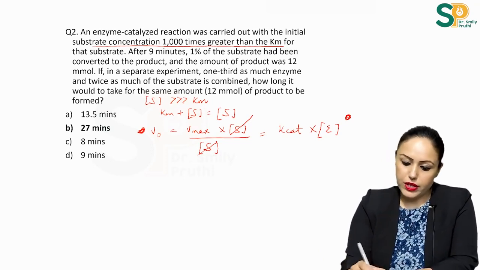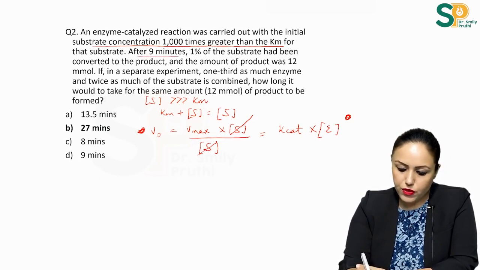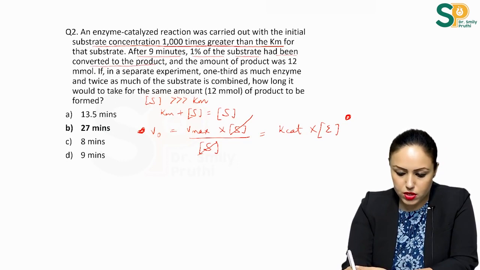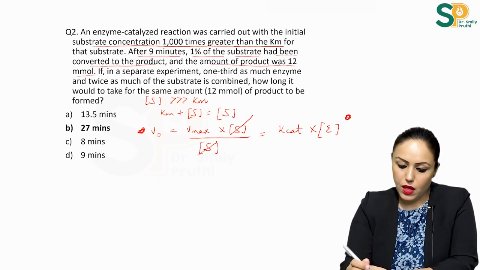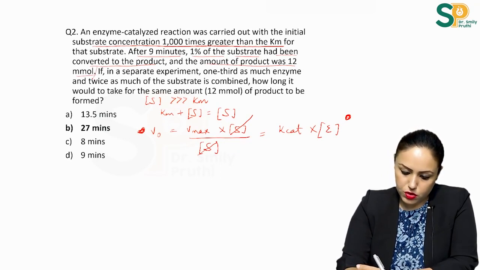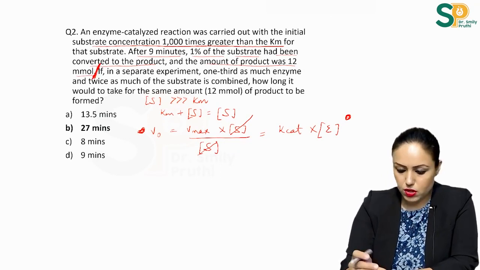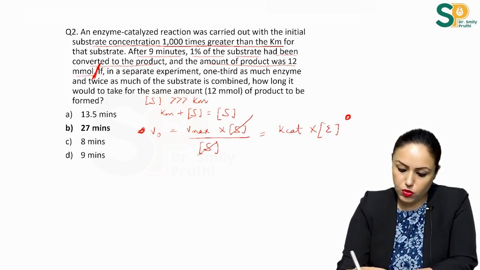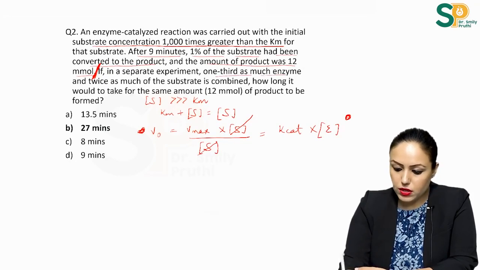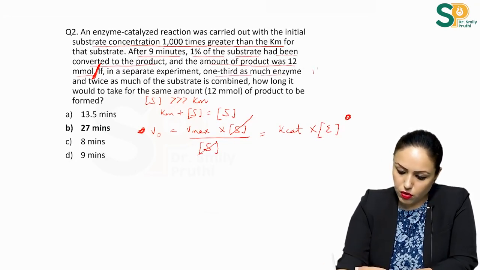Okay, so let's read the question. After 9 minutes, 1% of substrate had been converted to product. The amount of product was 12 millimoles. If in a separate experiment, so now I'm just giving a mark here so that the next experiment starts, we have 1/3 as much enzyme and twice the substrate concentration.